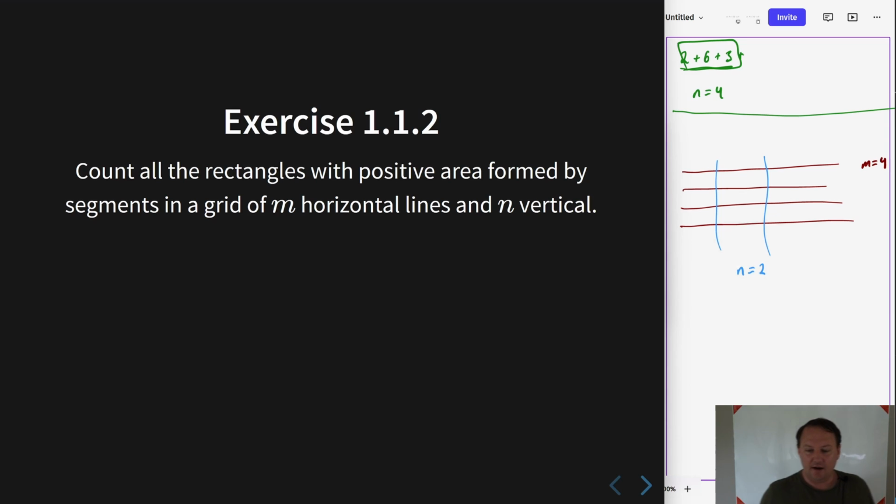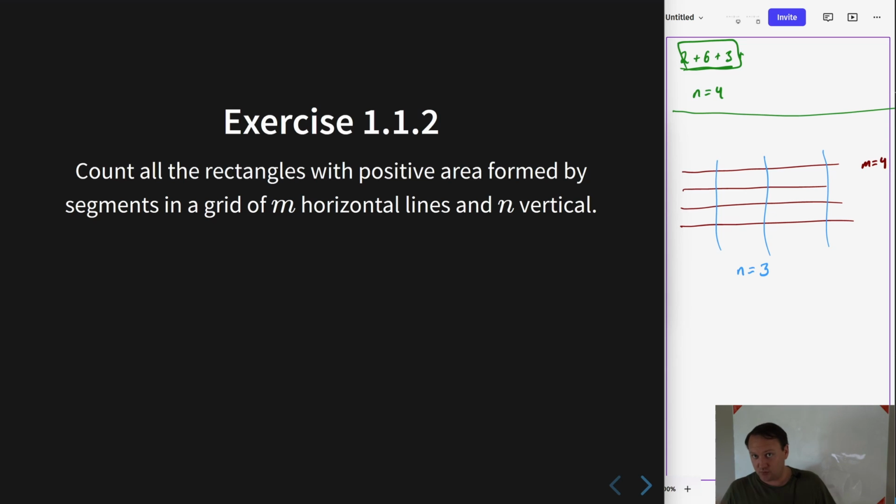Anyway, how many rectangles could be formed in this way? Well, we would need to first choose... actually, maybe this is too small because it's a little hard to even see what's really going on. So let's take n equal to 3. And then you can see that of the 4 horizontal lines, I need to choose 2.